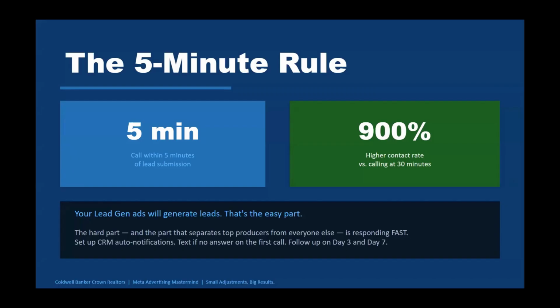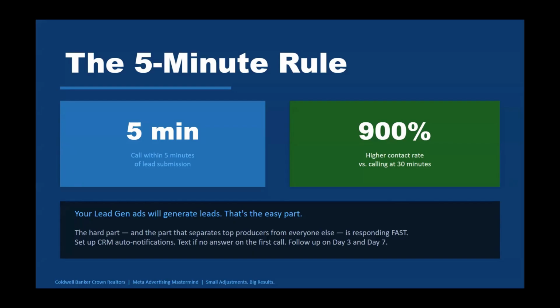We talked about this a little bit already, but there is a 5-minute rule for leads. When they put a lead into the system and you get notified, if you call them within 5 minutes, you have a 900% higher contact rate than if you wait until after 30 minutes.